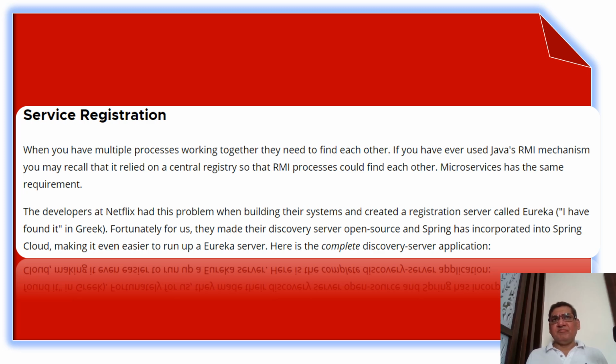If you talk about Netflix processes, when you have multiple processes working together, they need to find each other. If you have ever used the Java RMI mechanism, you may recall that it is delivered with a central registry so that RMI processes could find each other. So microservices have the same mechanism.